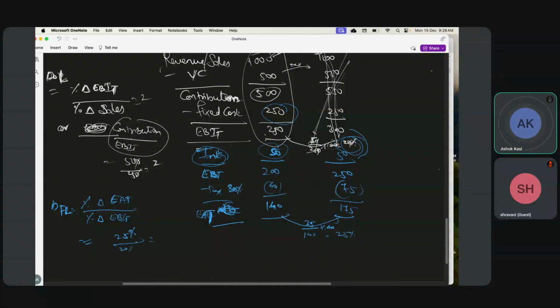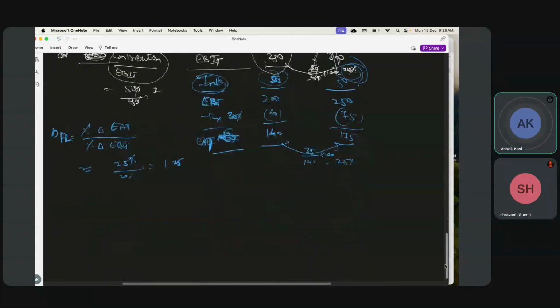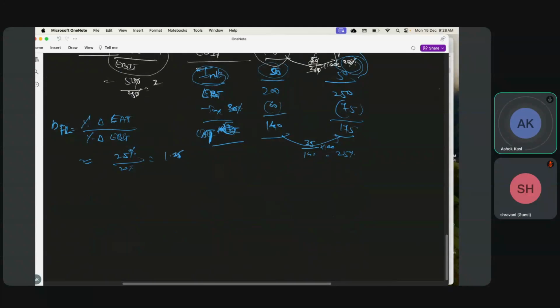Just calculate this, 25 by 20, that is 1.25. So this is the degree of financial leverage.